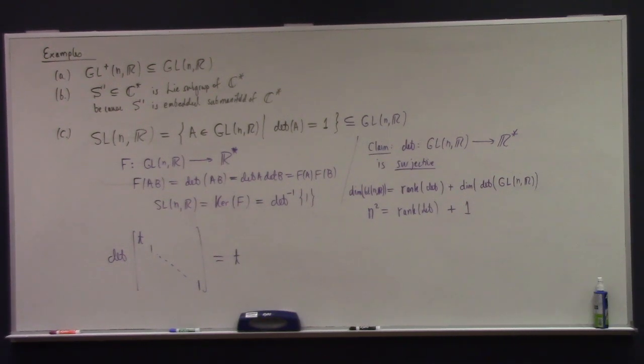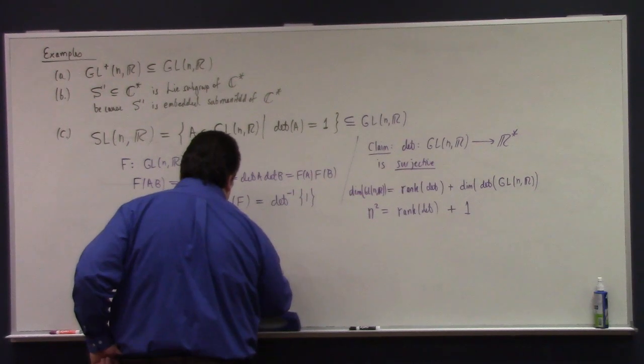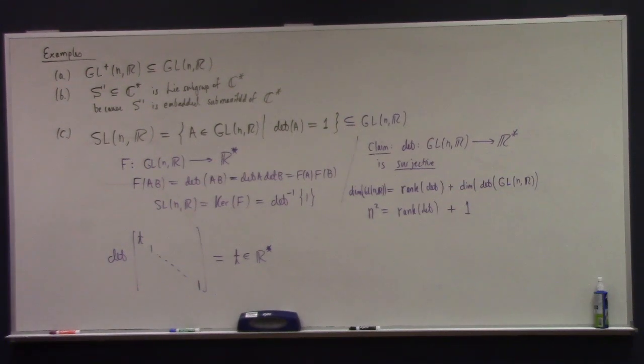And now here, this is for t in R star, right? Of course, the one thing we can't do is map to 0, because we don't have any such determinants. So yeah, I think this is reasonable. The determinant is a surjection onto R star, and therefore the rank is n squared minus 1.